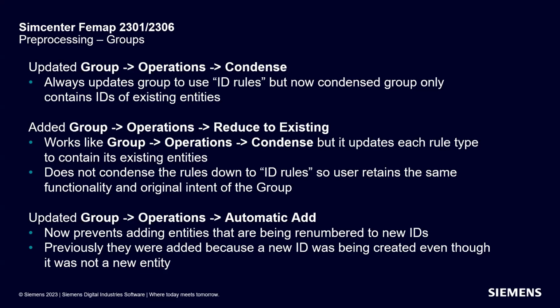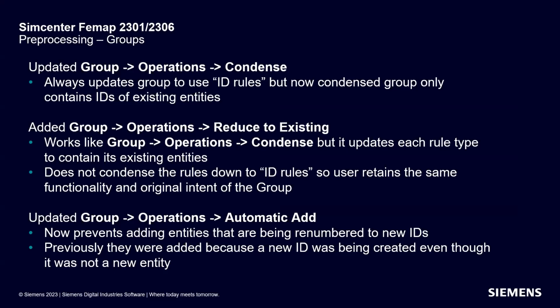And then for automatic add, if you did a renumber, this is more of a bug than an enhancement. If you did any type of renumbering, then both the old IDs and new IDs would be added to the group. But now only the renumbered IDs will be in the group when you have operations automatic add turned on.